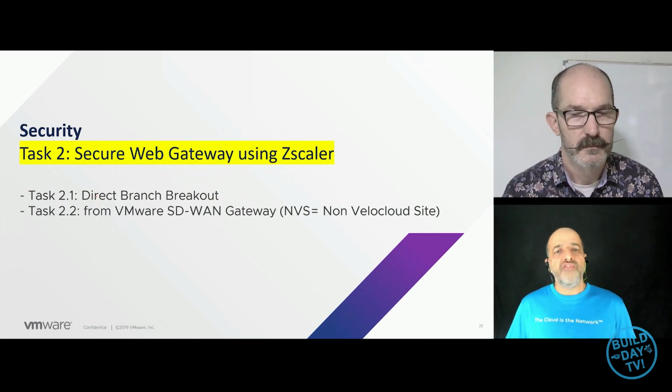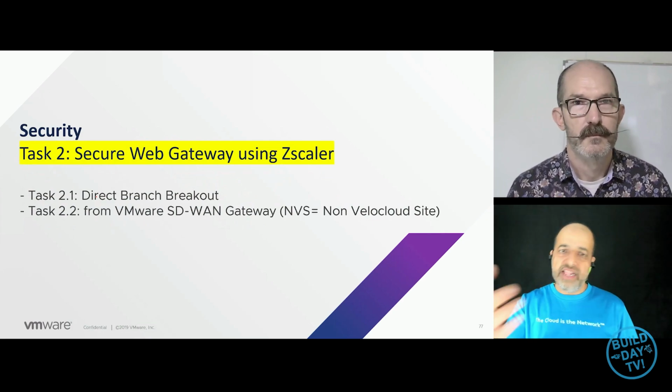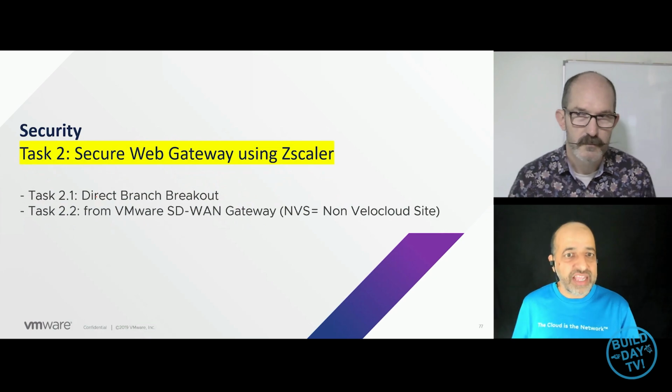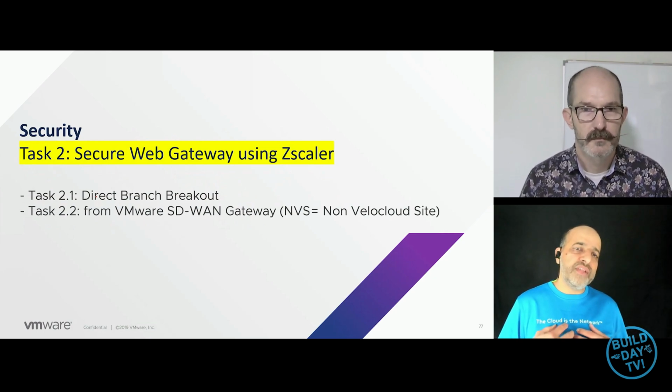From the branch, you can instantiate an IPsec tunnel to, in this case, the Zscaler Zen Gateway, which is in the cloud. If I am in San Jose, California, based on my edge geolocation, it will be connected to the nearest Zen Gateway in my area. So that's the first option.